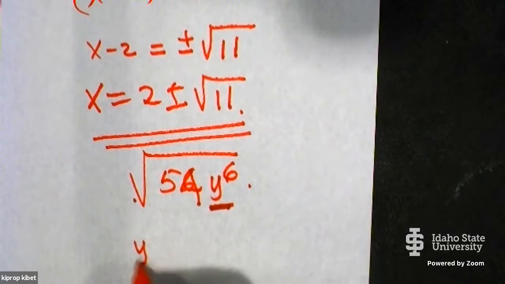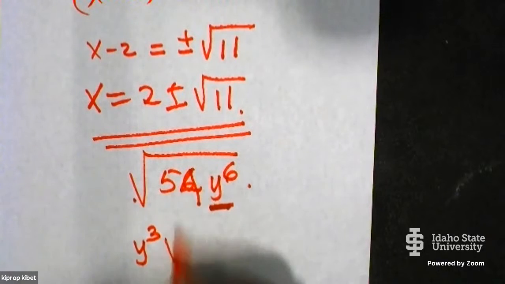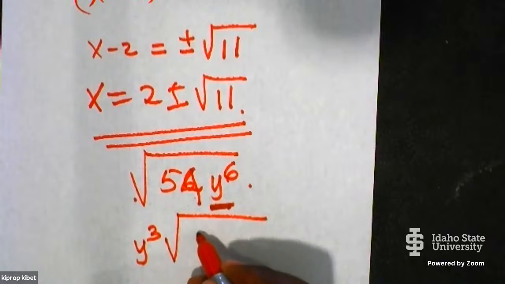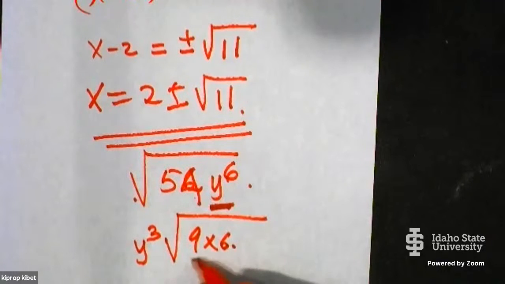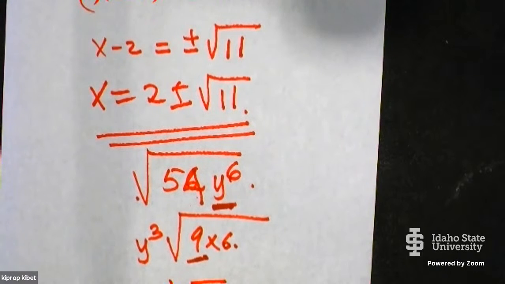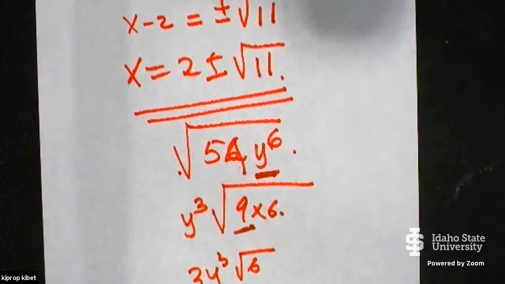So you get y raised to 3. Then when you factorize, this is the square root of 9 by 6. So the square root of 9 will be 3, y cubed, the square root of 6. And you get your answer there.